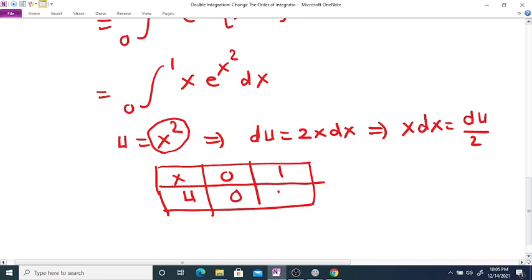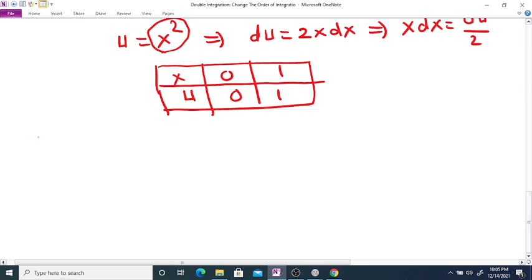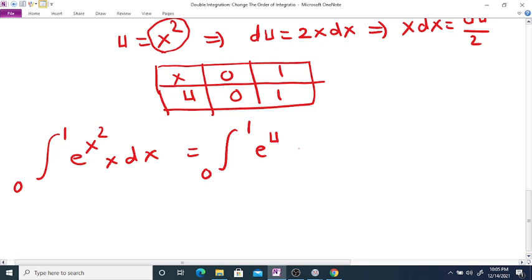If we put x is equal to 1, then u is 1. Therefore the integration from 0 to 1 of e raised to x square x dx becomes the integral from 0 to 1 of e raised to u times du by 2. So if we take 1 by 2 outside, we get the integration from 0 to 1 of e raised to u du.